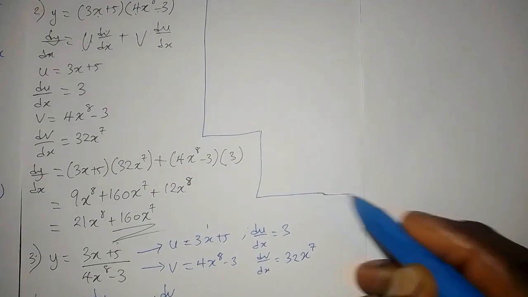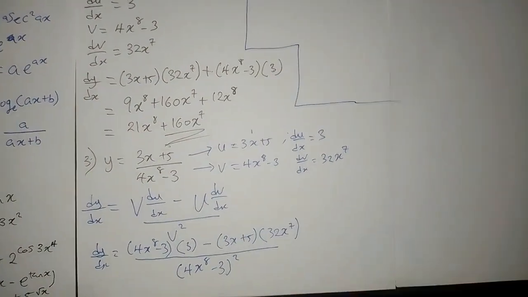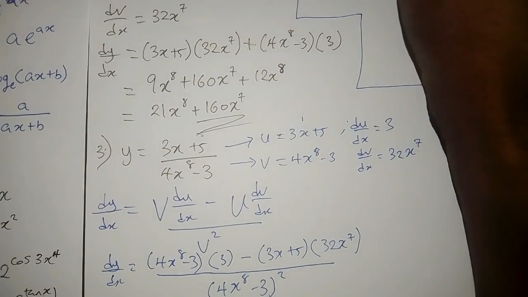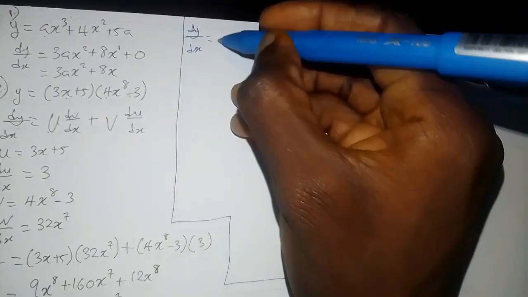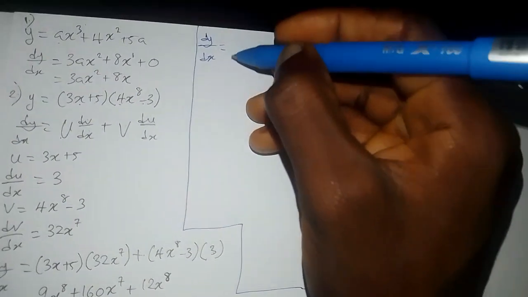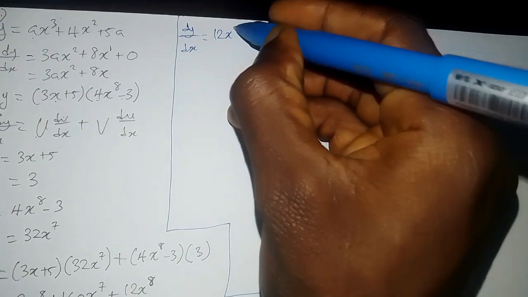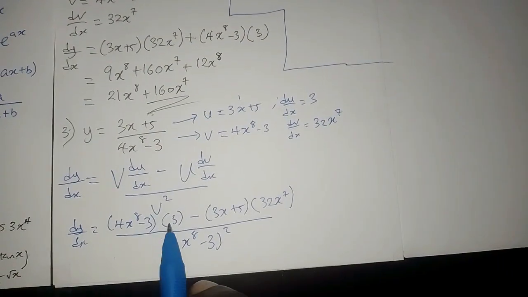So right away, from this down part, I've differentiated. Now the remaining thing is just to simplify. So dy/dx equals, from here, 4 times 3 is 12x^8, minus 3 times 3, that's 9.